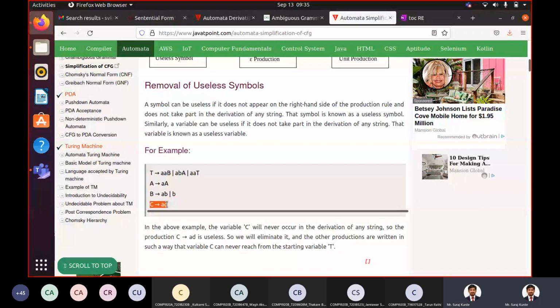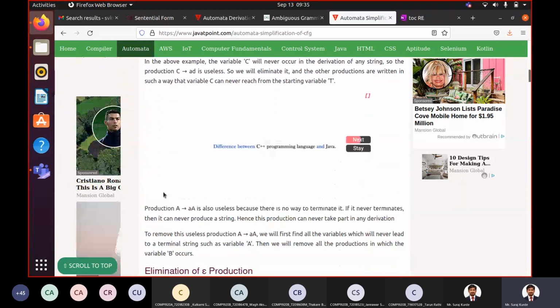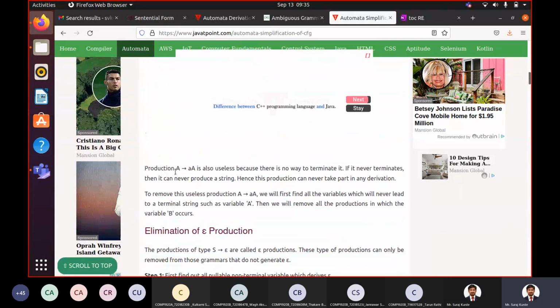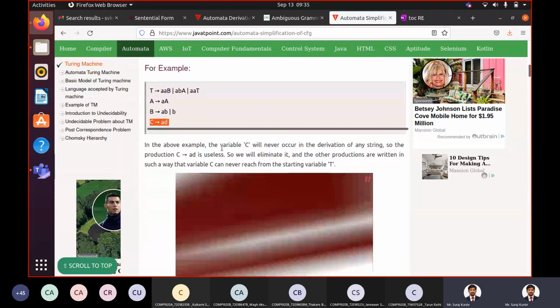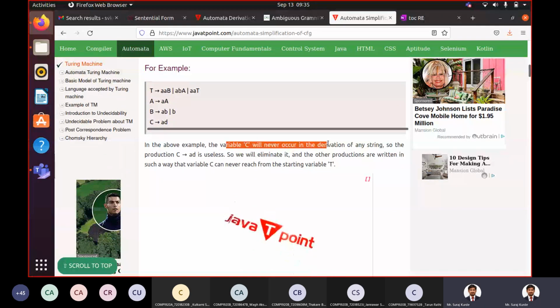Remove this production rule. By removing this and considering the remaining production rules, we will get the same number of strings, and it will not have any effect on the total number of strings. What it states is that variable C will not occur in the derivation of any string.